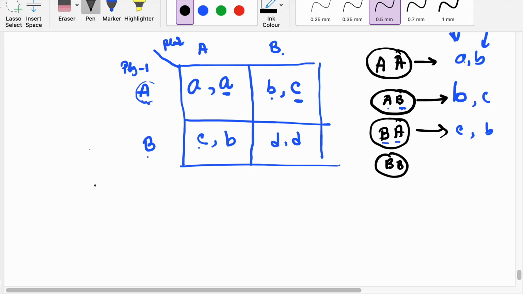Now, if I want to explain the same thing in the language of evolutionary game theory, I will say it this way. This is the classical game theory.